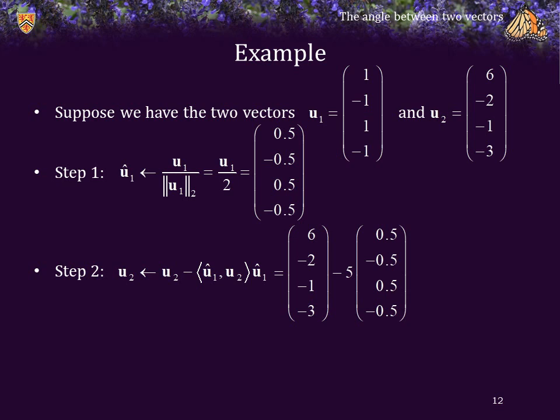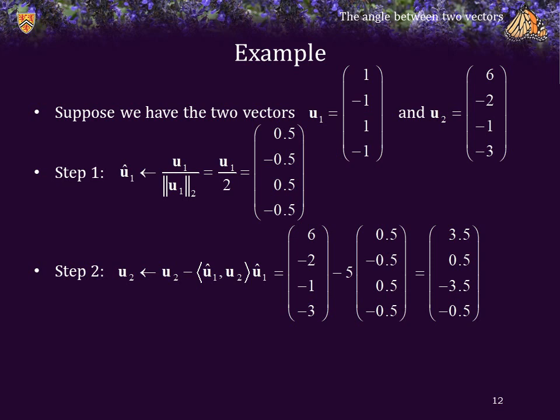It would be 0.5 times 6 plus -0.5 times -2 plus 0.5 times -1 plus -0.5 times -3. If you add those up, we get +5. So we subtract 5 times the unit vector u1 off of the vector u2. This gives us this vector here.